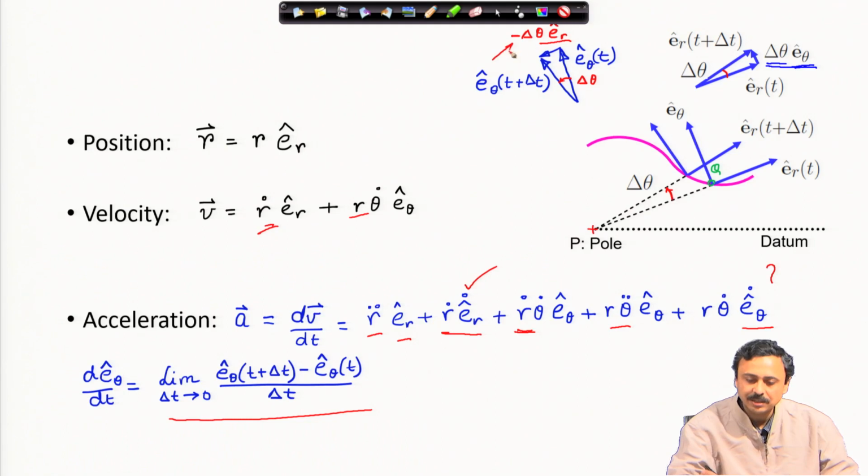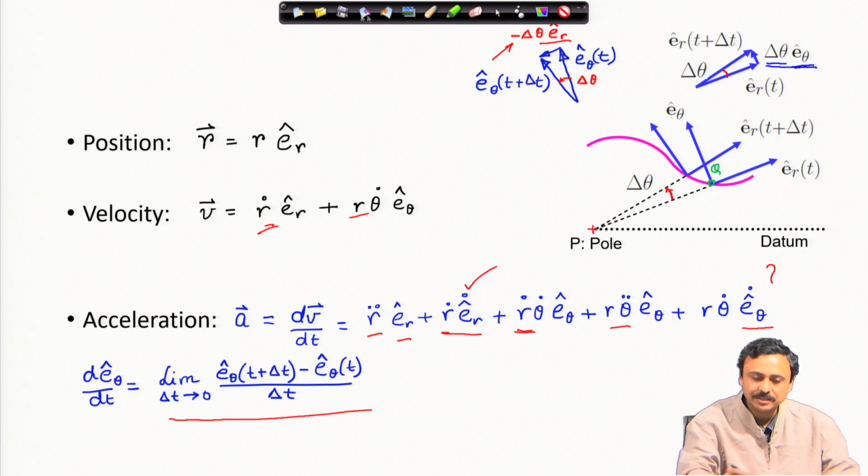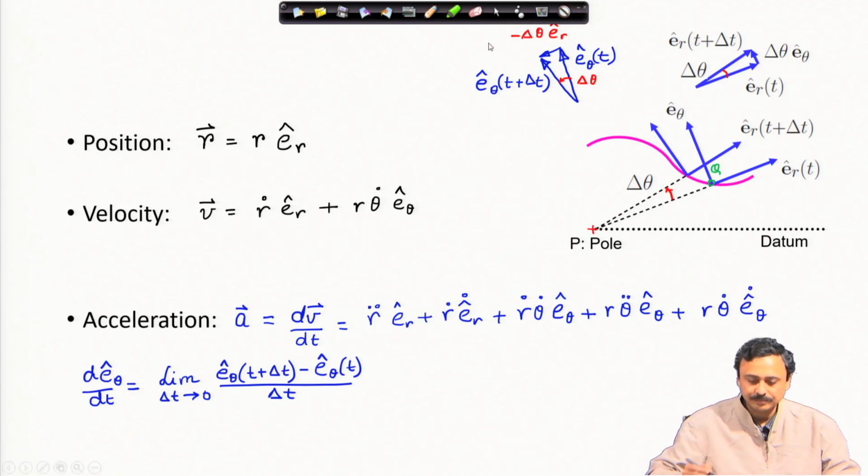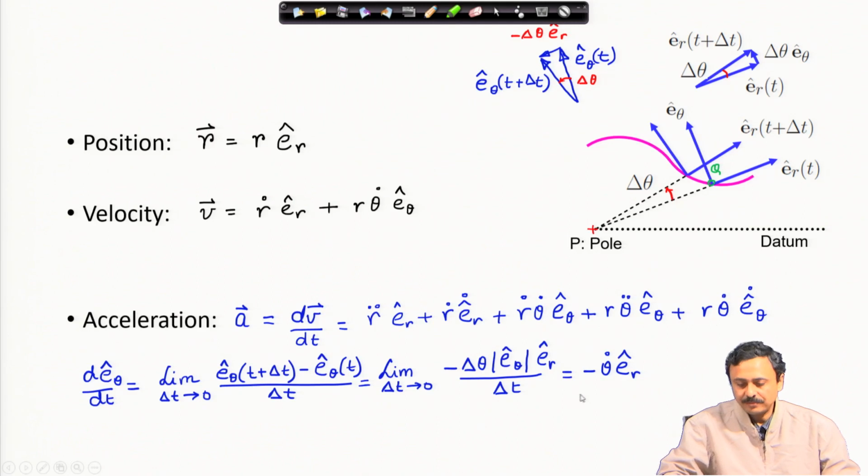This minus sign here comes because it is directed towards negative Er cap direction. Therefore, I have finally my time derivative of E theta cap as minus theta dot Er. So, remember why this minus came, because the change of E theta vector, the frame vector E theta, changed in the direction of minus Er cap.